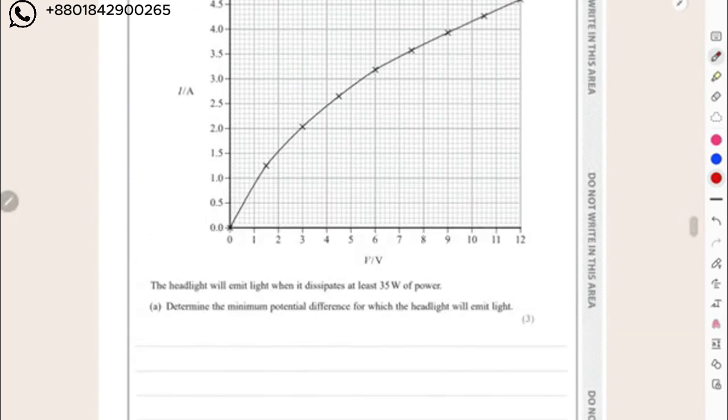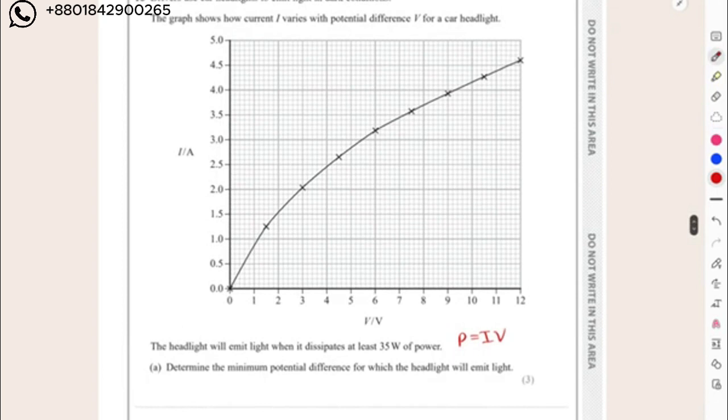Okay, so what you have to do is choose any of the voltages from this diagram that will give you the value for this 35 power. You obviously use the equation P equals IV, and you have to take random numbers from your graph and find out at what value your 35 is satisfied.